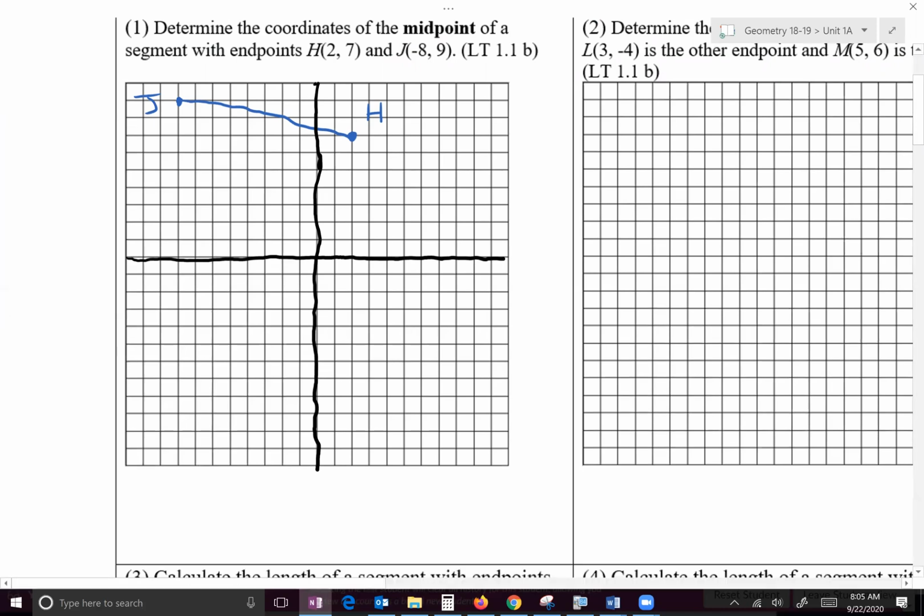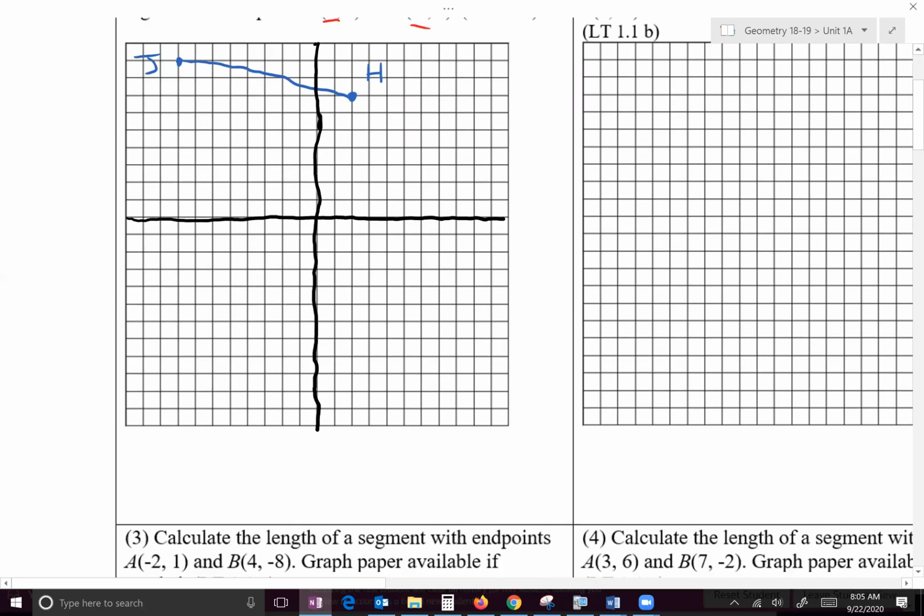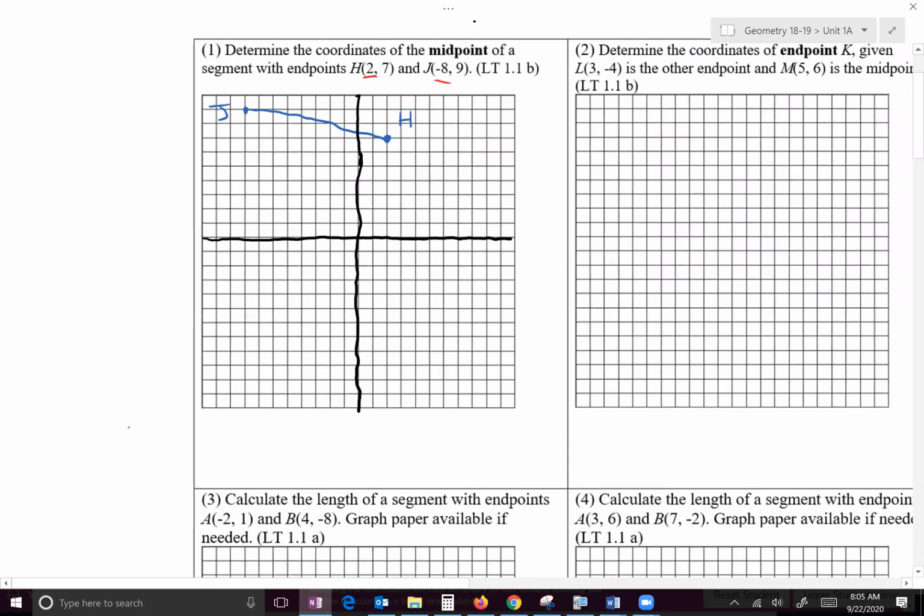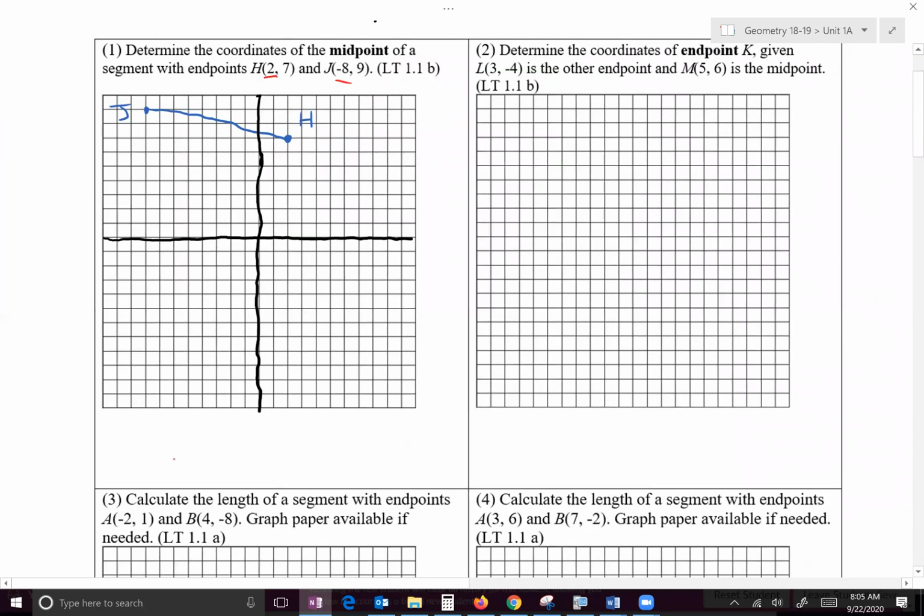But if we use the midpoint formula where we add our two x's together and divide by 2, so we would take 2 plus negative 8 and divide by 2, so 2 plus negative 8 is negative 6, and divide by 2 gives us negative 3. So that's our x coordinate of our midpoint. We're halfway there.